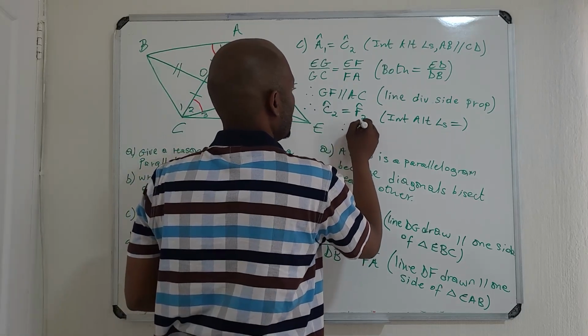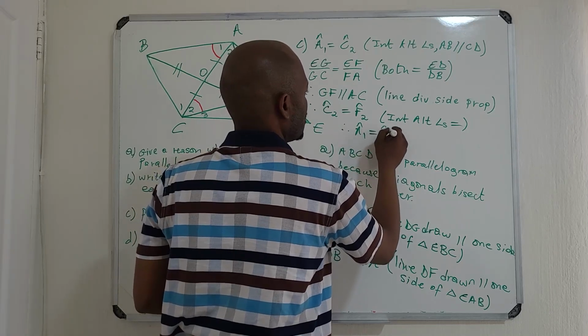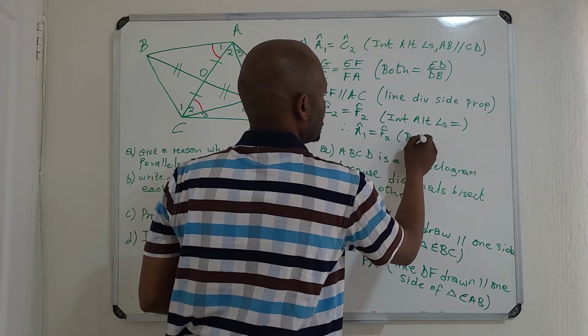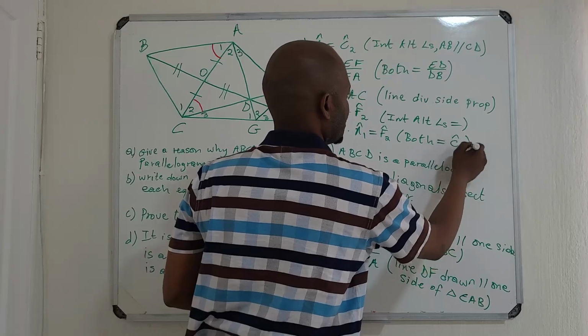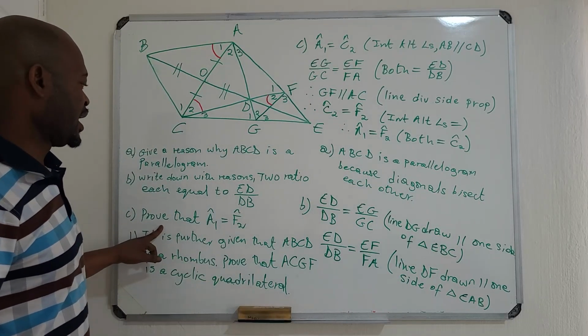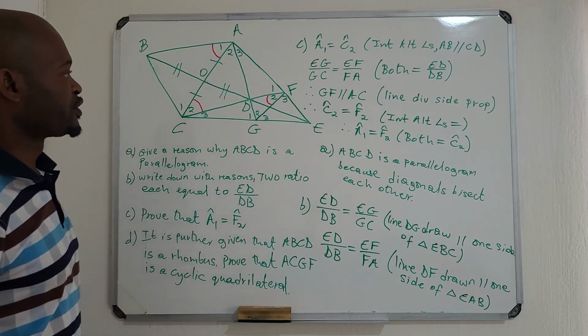Therefore, angle A1 is equal to angle F2. Why? Both equal angle C2. Therefore, we have proved that angle A1 is equal to angle F2.